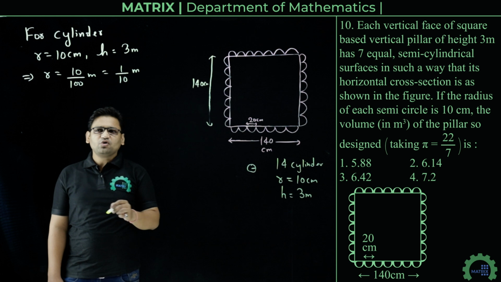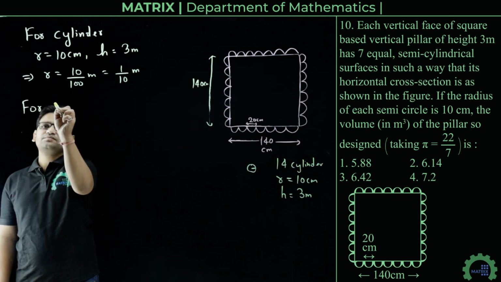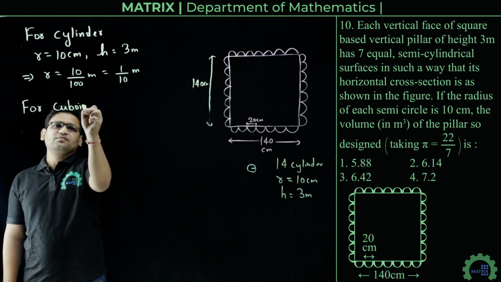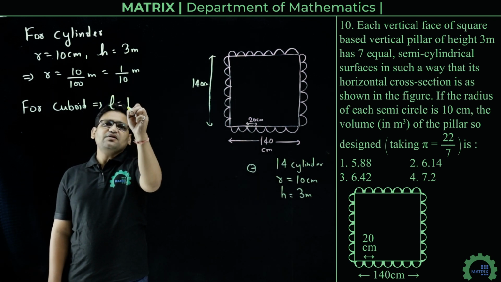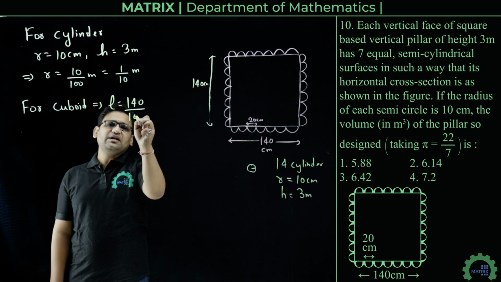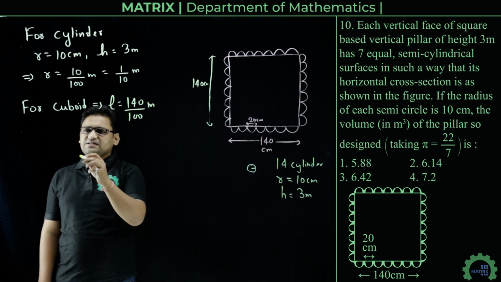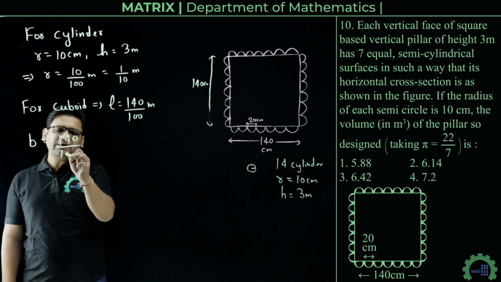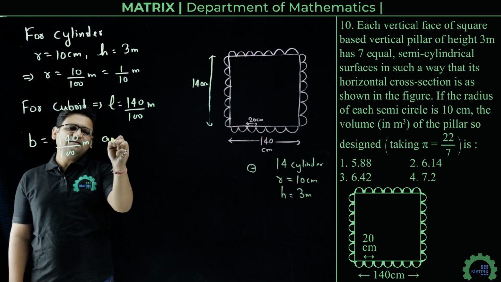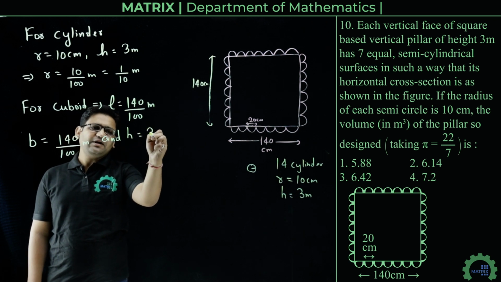Now for cuboid, length is 140 centimeter, that is 140 by 100 meter. Similarly, width is again 140 by 100 meter and the height is 3 meter.